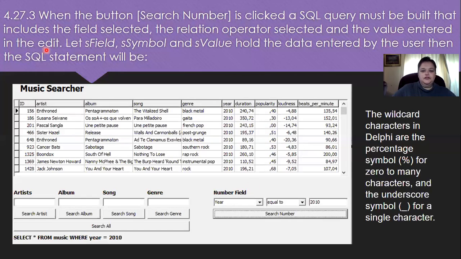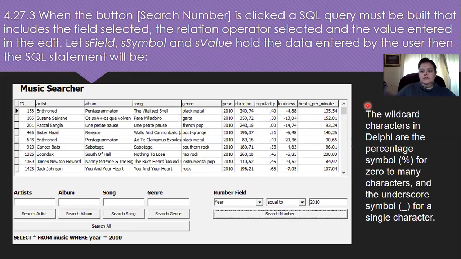So here I've got two criteria: a year, and my second criteria is going to be a specific date. So let sField, sSymbol, and sValue hold the data entered by the user. If I was just asking you a simple SQL statement, it would be select star from music where year equals 2010. But now I want to write it into my program.